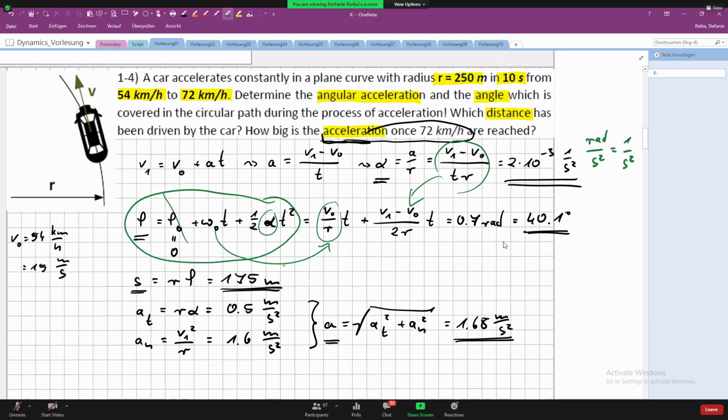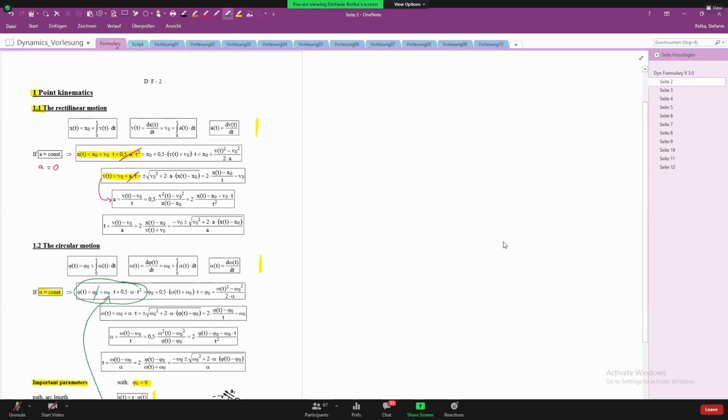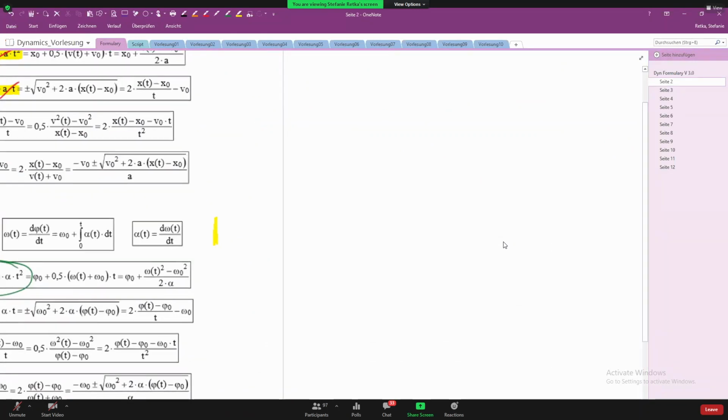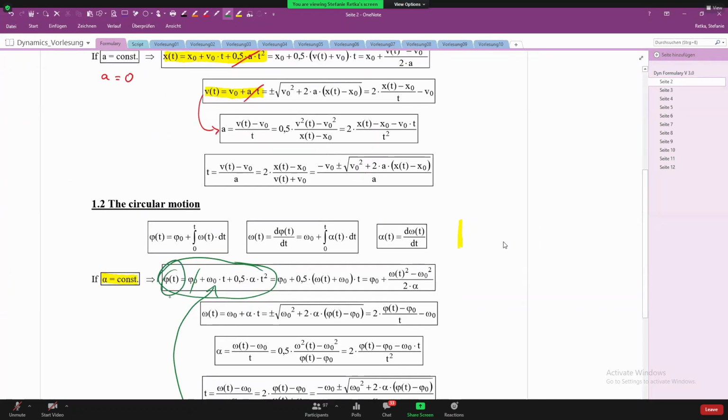Because we wanted to compute the angle. So we had to find an equation for the angle. And then we simply look in the formulary. We have a circular motion. And then we have a look, okay, circular motion, how can I compute the angle? Oh, there it is. That's my angle. And there's the equation for it. So I used it.